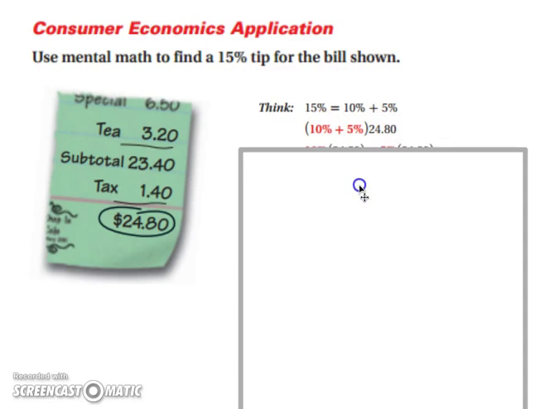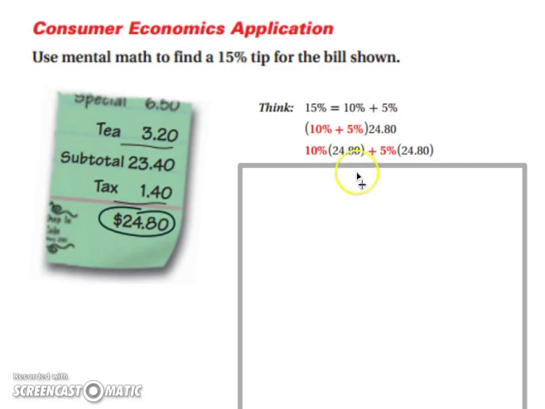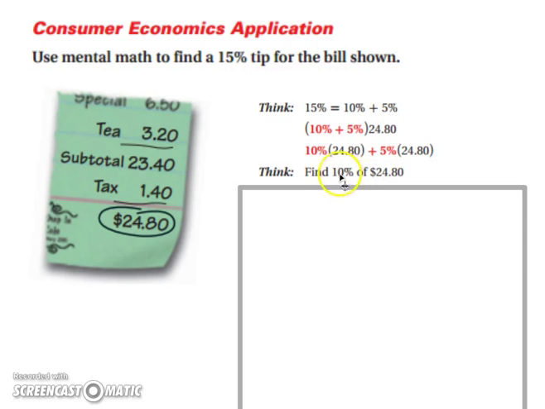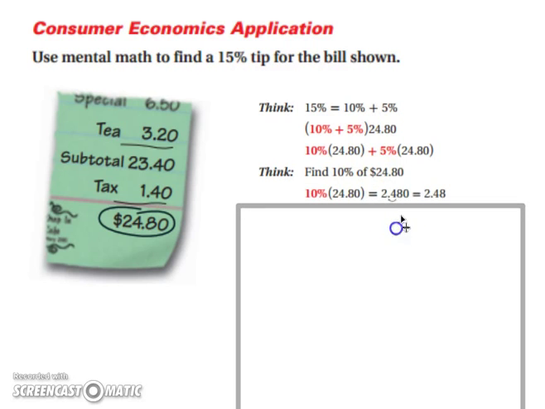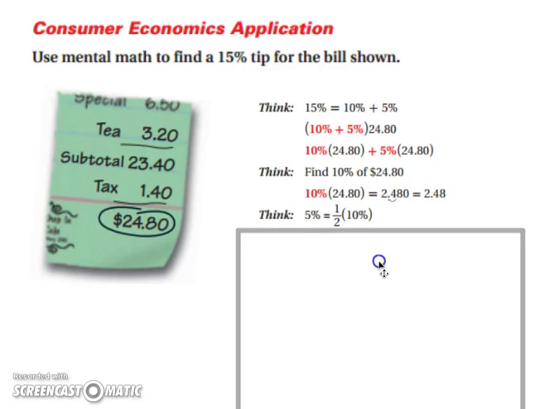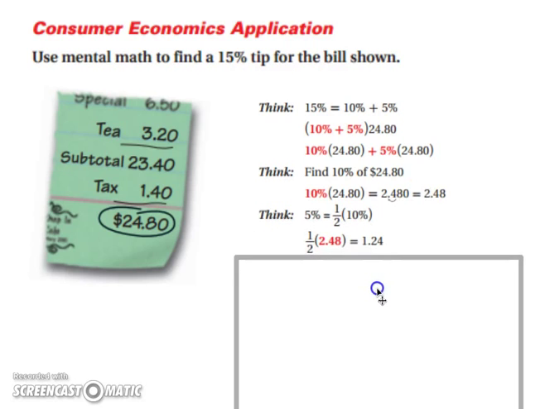We're going to start with our 10%. 10% of $24.80 is, move the decimal one place, $2.48. Well, 5% is half of 10%, so if you take half of that, you'll have your 5%.